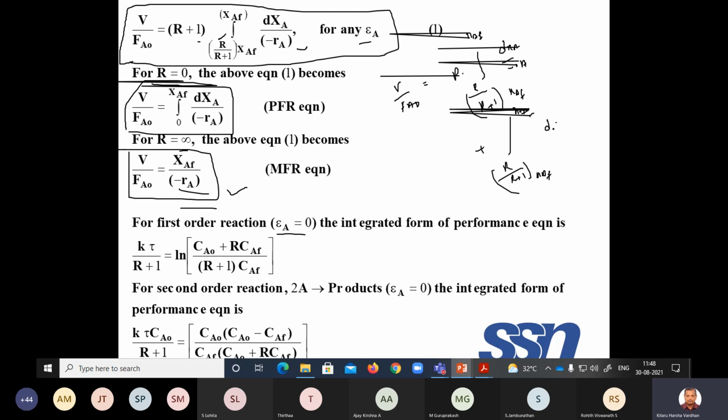Sorry for the extra lines, I think I'm not holding this pen properly. So you get two terms, right? You get the R term and the one term, right?